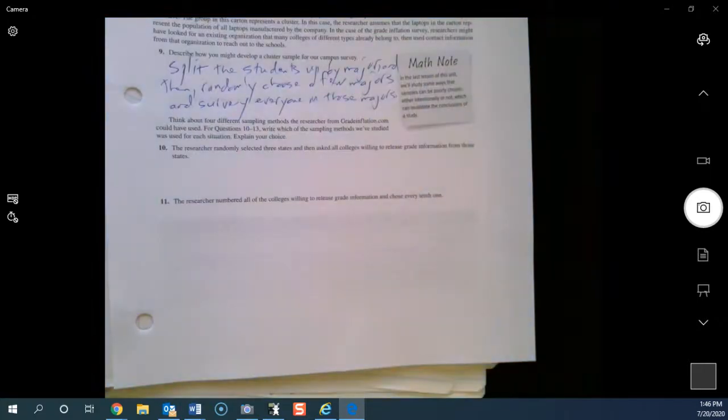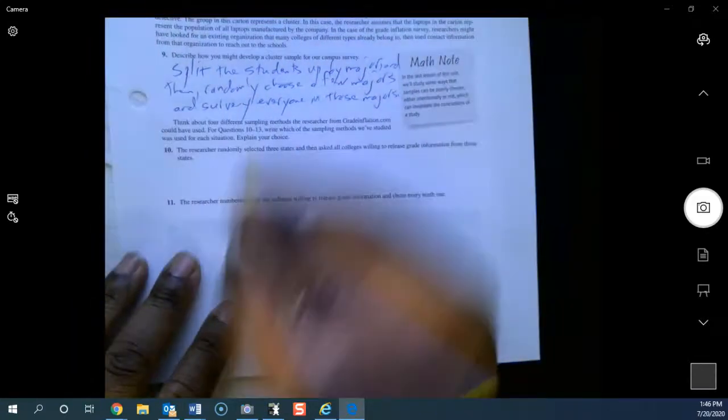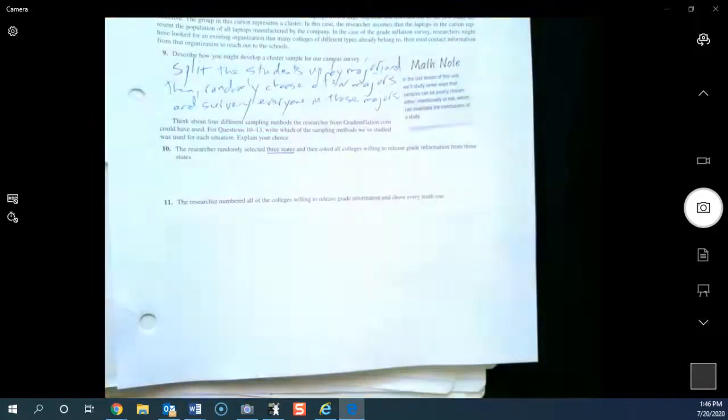Now think about 4 different sampling methods the researcher from gradeinflation.com could have used. For questions 10 through 13, write which of the sampling methods we've studied was used for each situation. Explain your choice. Okay. For number 10, the researcher randomly selected 3 states and then asked all colleges willing to release grade information from those states. Now, of course, they said 3 states. We have 50 states.